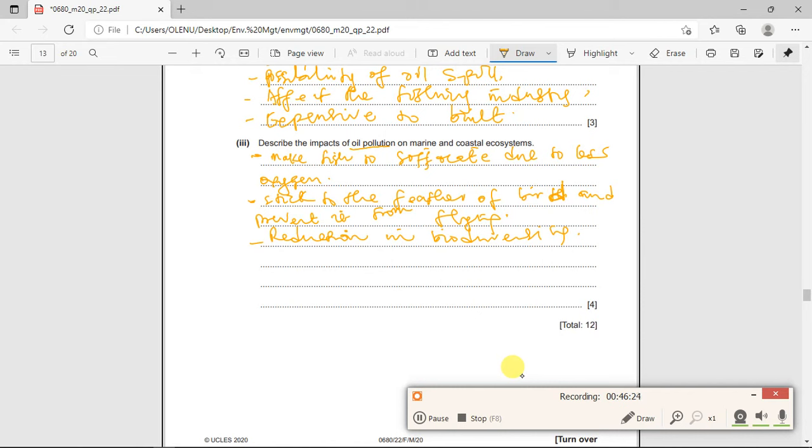Now, it reduces the amount of sunlight penetration into the water body, thereby reducing the rate of photosynthesis by phytoplankton.